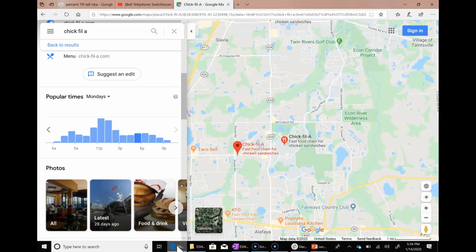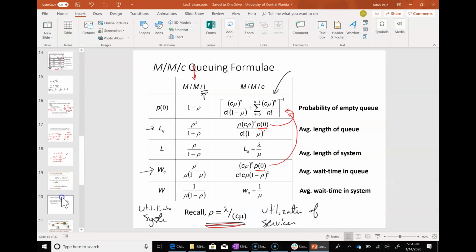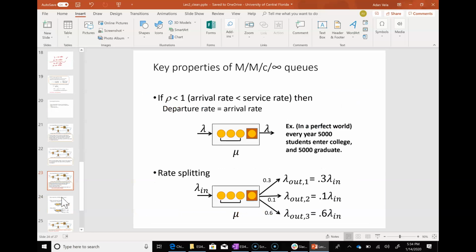This is one thing that simulation can handle very well, while queuing theory struggles with if I asked you to simulate over a day. Okay. Queuing theory might tell you what's happening maybe in an hour or two, right? Making a lot of assumptions, but in simulations you can break a lot more assumptions. Okay. So that's something to keep in mind.